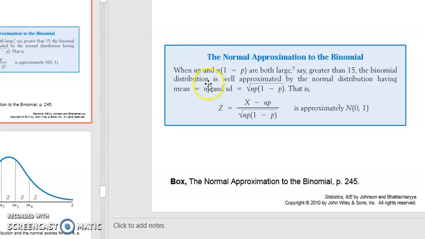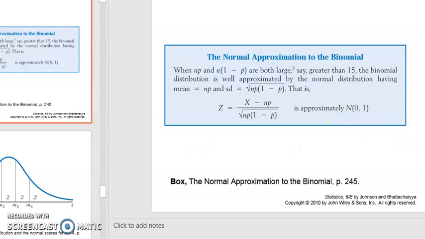We don't want to use normal distribution to approximate binomial when the probability of success is too close to 0 or too close to 1, such as 0.1 or 0.9. This is a theorem that we will not prove. We're just going to assume this is true and we use it.